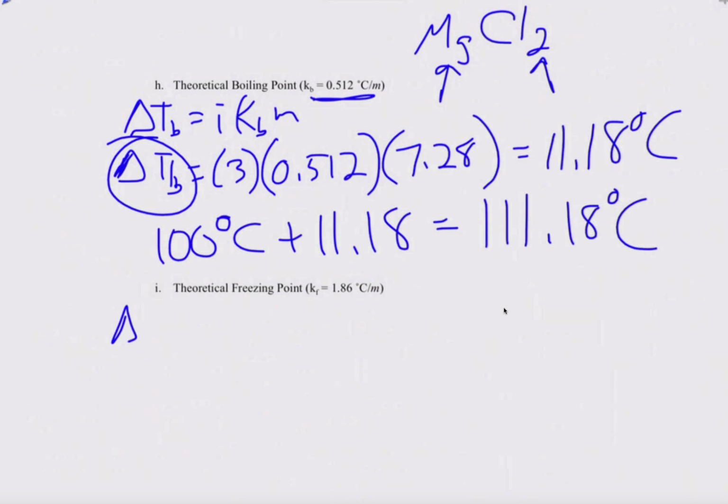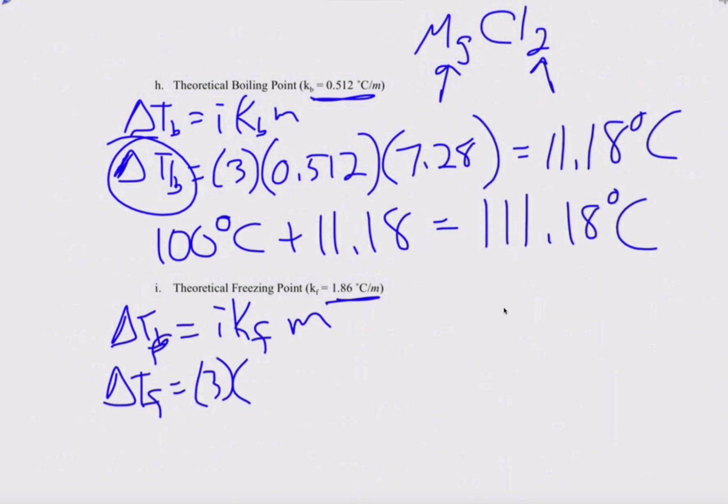The freezing point, we're going to do essentially the same thing. The formula is the same except that it's a different constant. Delta TF equals 3 times, this time it's 1.86 for freezing of water. Concentration is the same, 7.28.